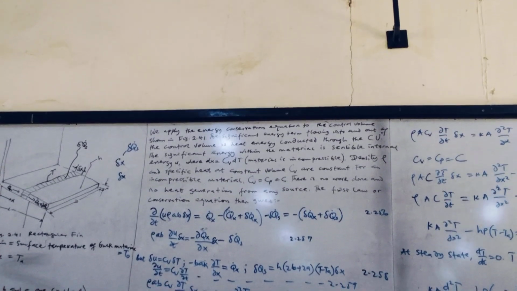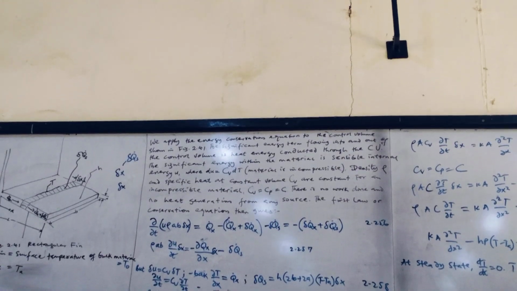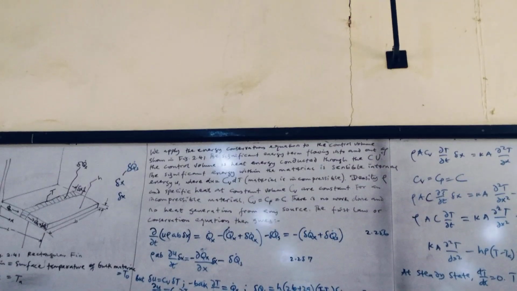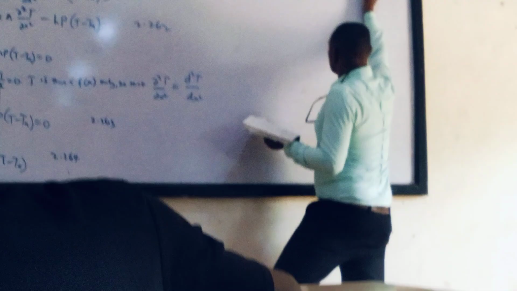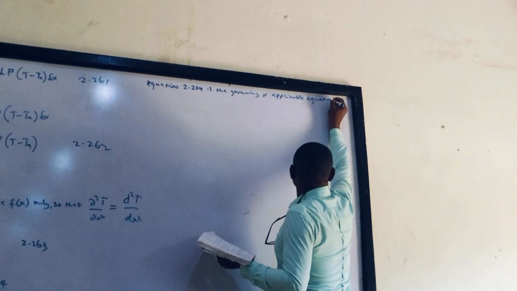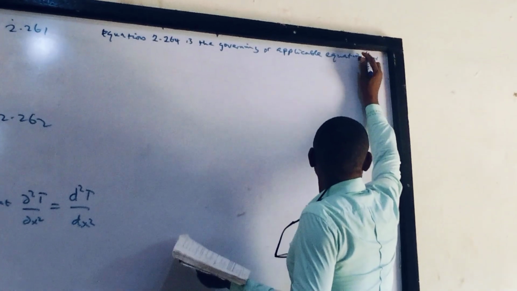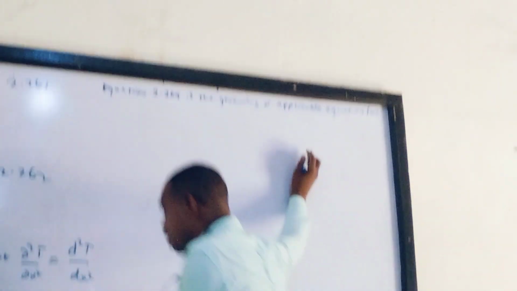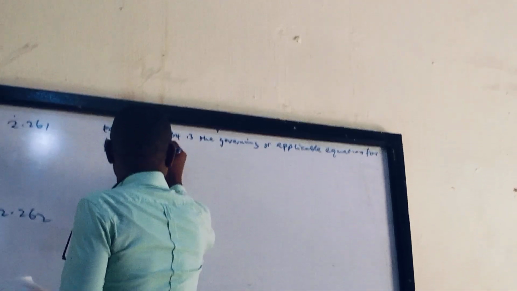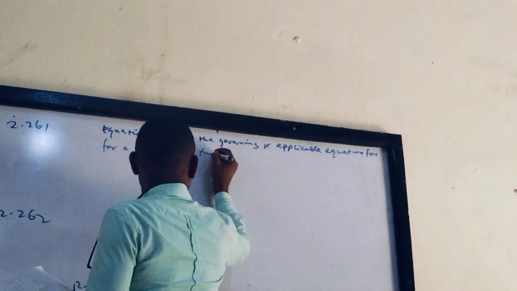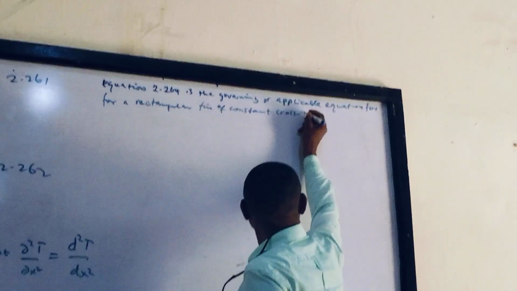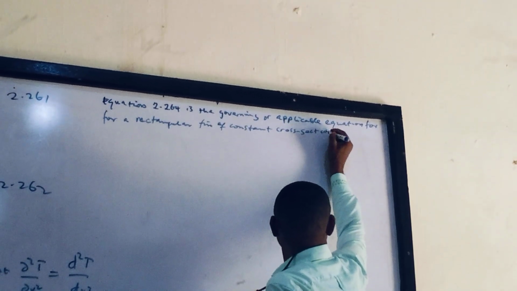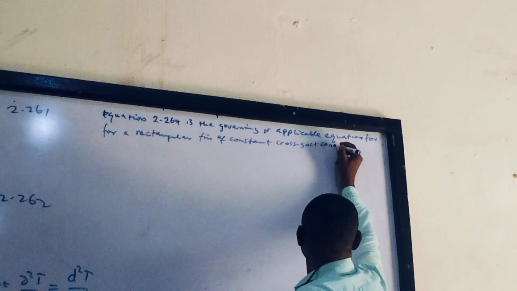So let me make a comment. The comment here is that equation 2.4 is the governing, or the applicable equation, for a rectangular fin of constant cross-sectional area.